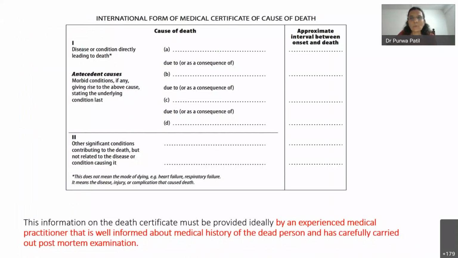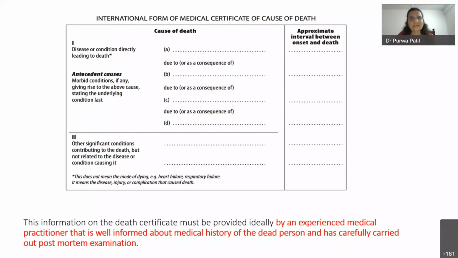In that there are two parts. Part one has various subparts, of which the first important one is column A, which consists of the immediate cause of death. As Madam explained in her case, pulmonary edema was the cause of death. But we have to also think about the antecedent causes and the underlying, the main cause to which we have to arrive.